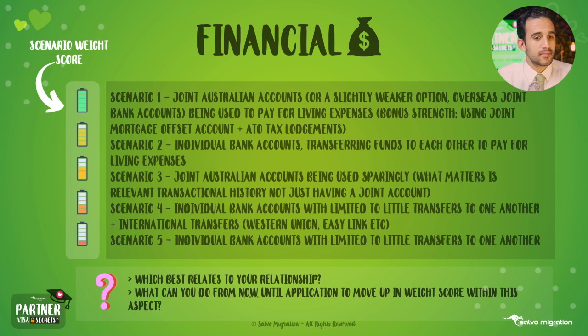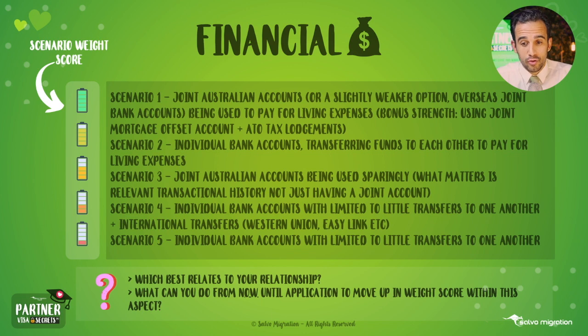So, common scenarios when it comes to looking at couples' financial aspect. Same thing at the top: the best weighted scenario, in terms of the types of evidence you'll probably be able to collect. Joint Australian accounts, or a slightly weaker option, overseas joint bank accounts if you live overseas, being used to pay for expenses.